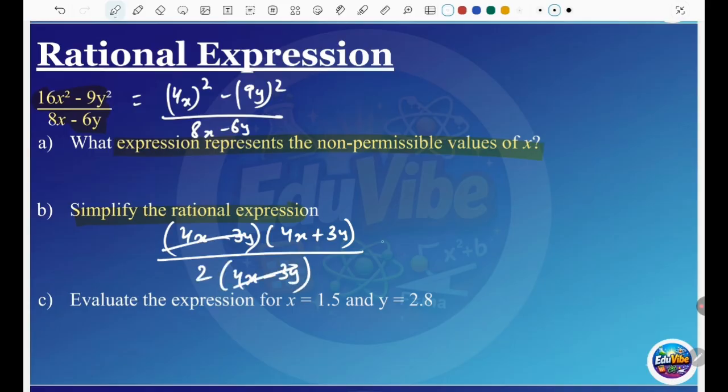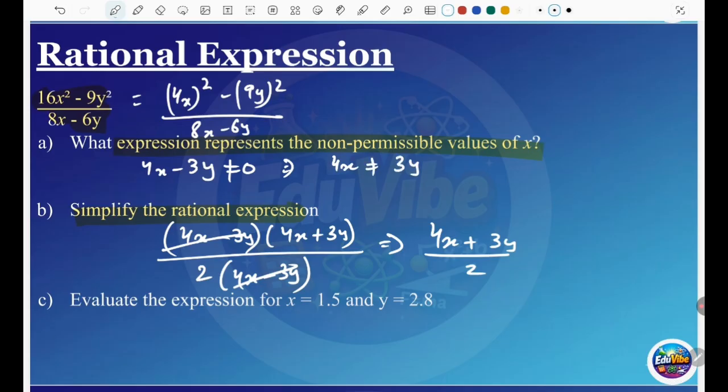The 4x minus 3y cancels out. We get 4x plus 3y divided by 2. Even though we cancel the denominator, there is still a restriction: 4x minus 3y is not equal to 0, which means 4x is not equal to 3y.